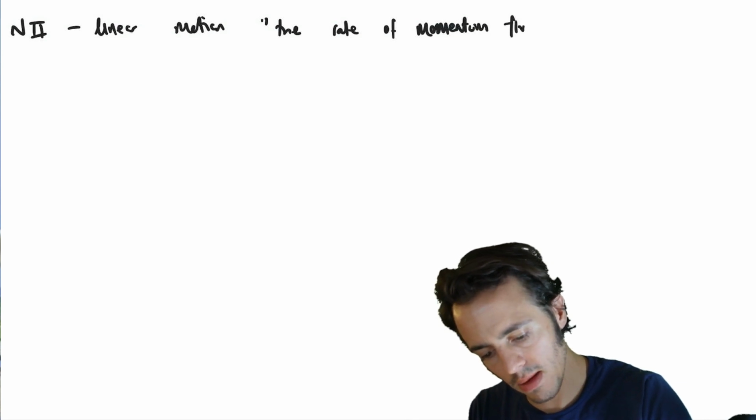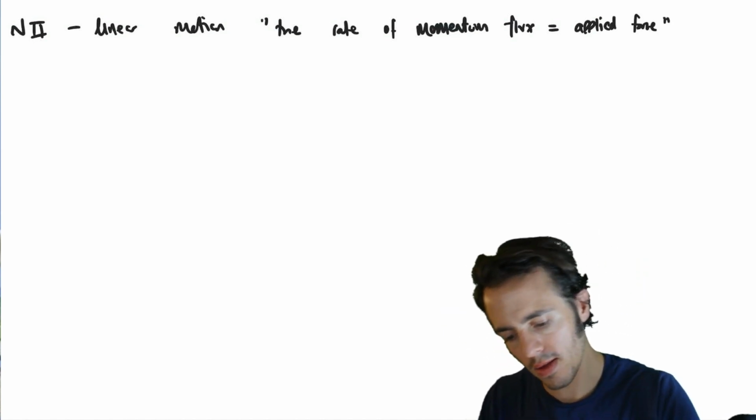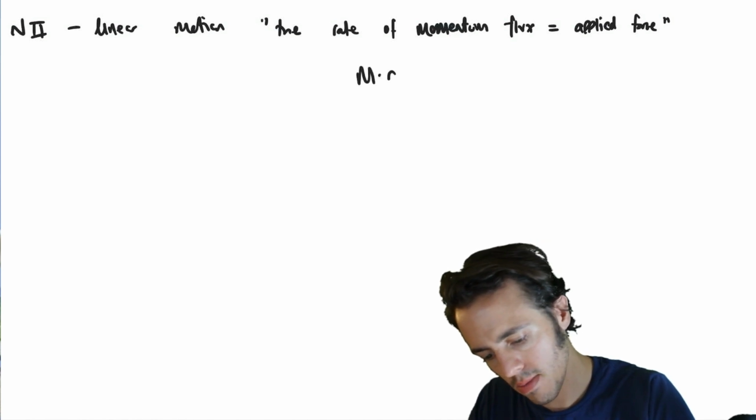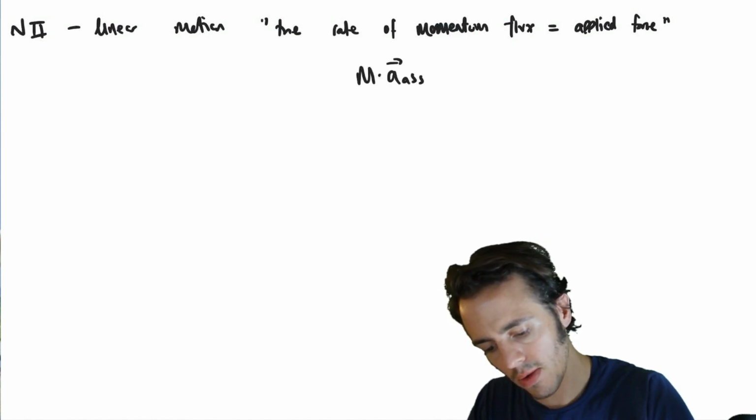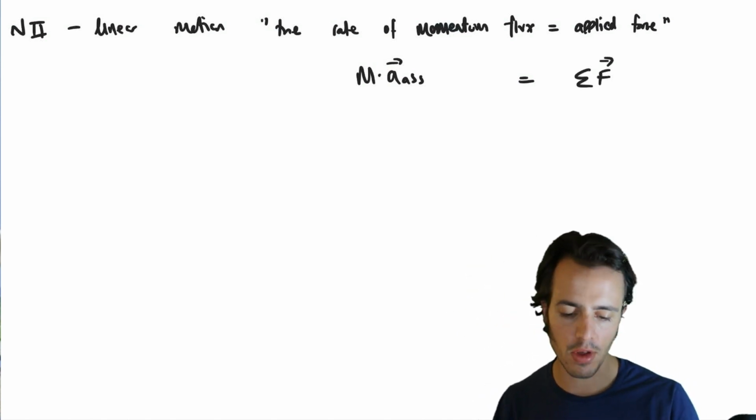The rate of momentum flux is equal to applied force. Okay, so for us, that's the A absolute is equal to the sum of the applied forces. This is Newton's second law for linear motion.